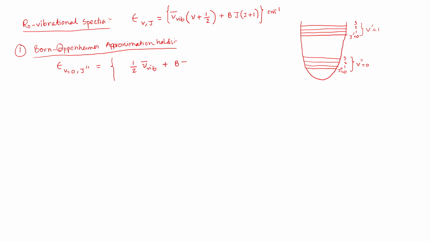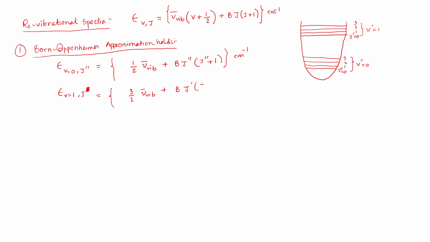And B into J prime plus 1, this is in centimeter inverse. This is not J double prime, this should be J prime, the single one. For V equals 1 now, it will be 3 by 2 nu bar vibration plus B.